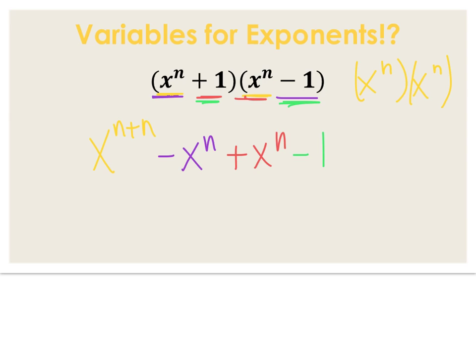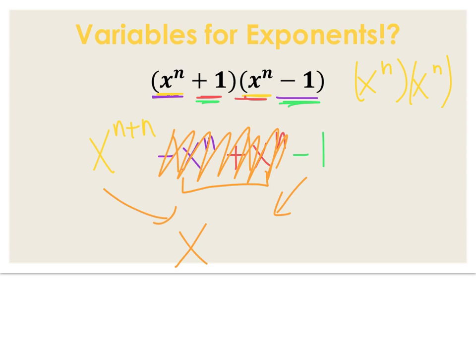Alright, so now I'm thinking, what are my like terms? What of this can I combine? I can combine these together, but that's just negative x to the n plus x to the n, which means these guys cancel each other out. I'm going to go ahead and bring these down to write my final answer. So I have x to the, remember, n plus n is 2n, and I bring down my negative 1.